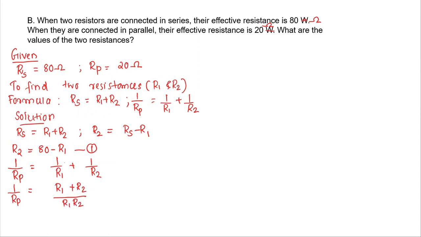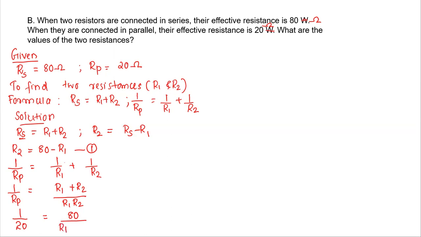Now substitute the values. 1 upon, what is RP? RP is given, 20, is equal to R1 plus R2 upon R1 R2. What is R1 plus R2? R1 plus R2 is RS. RS value we know. What is that? 80. That is 80 upon R1 R2.